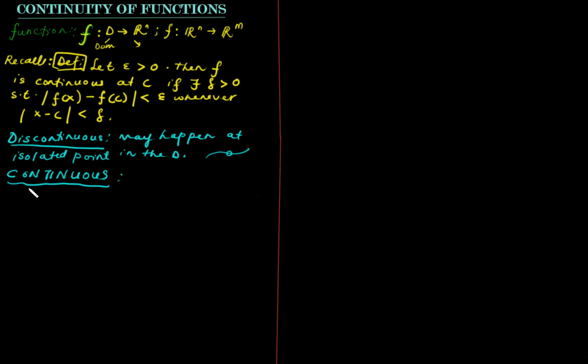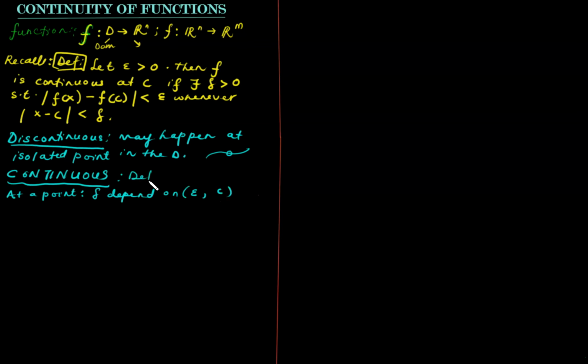This is called, I think some of them say, local, so at a point. In this case, you're going to say your delta is going to depend on epsilon and c, the point that you pick.